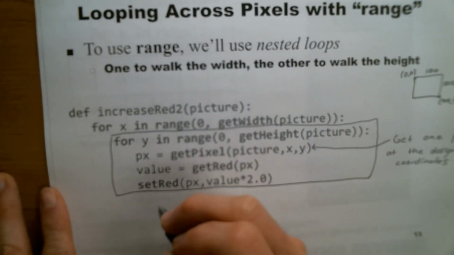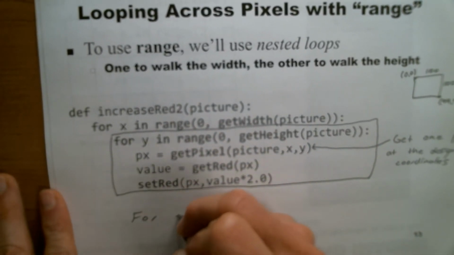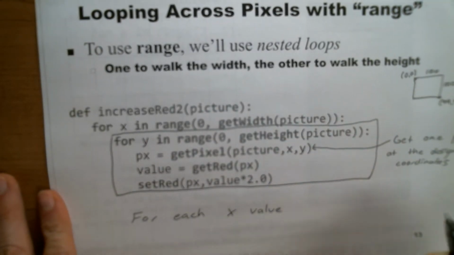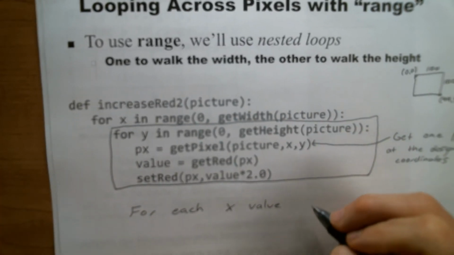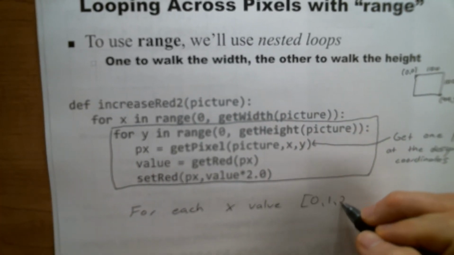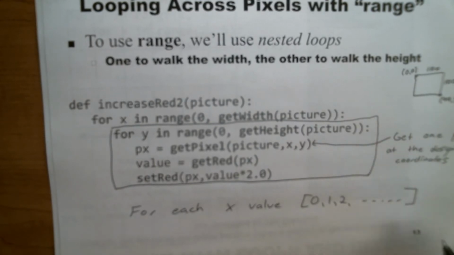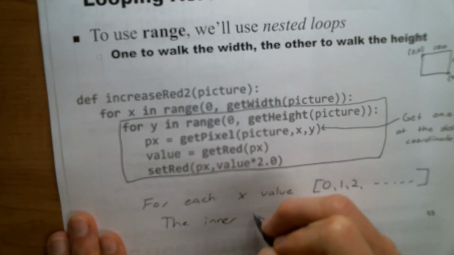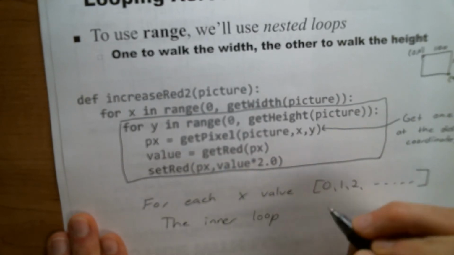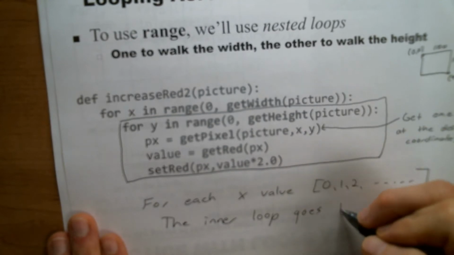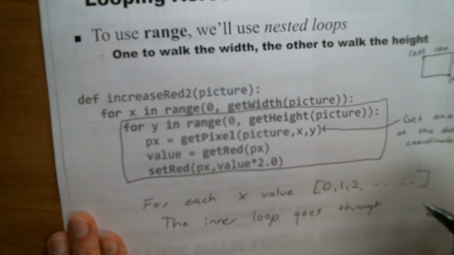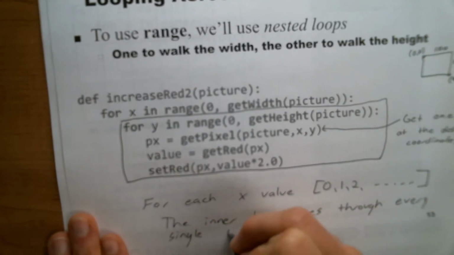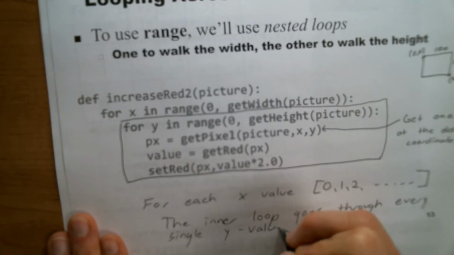But what's happening here is for each X value, because that outer loop is going to have X changing, it's going to go from 0 to 1 to 2 to however big your picture is. The inner loop goes through every single Y value.